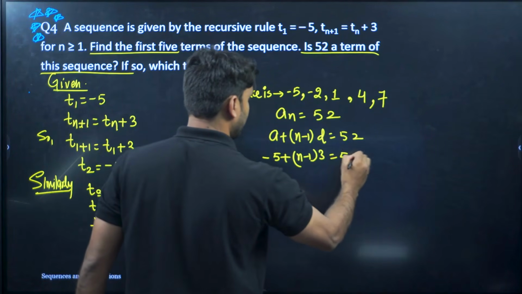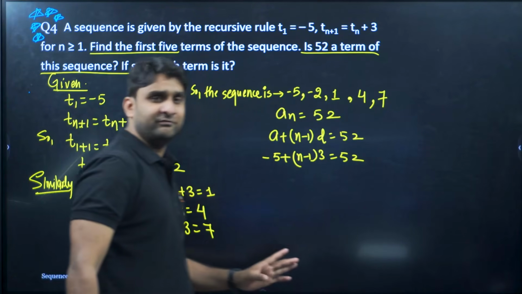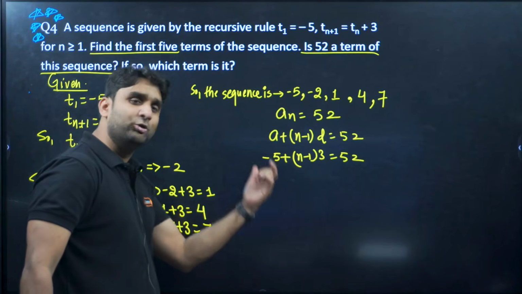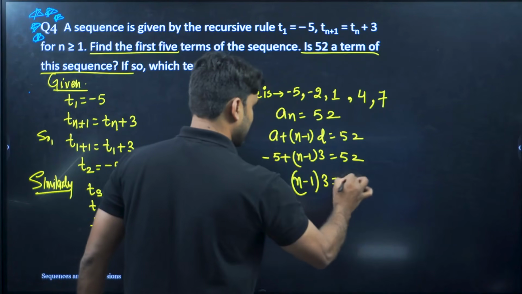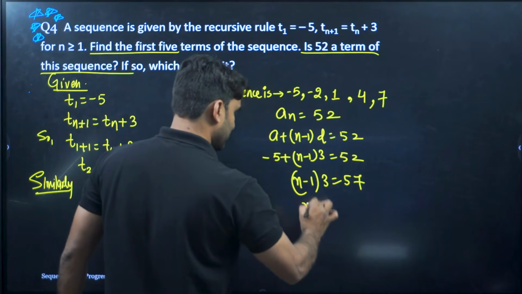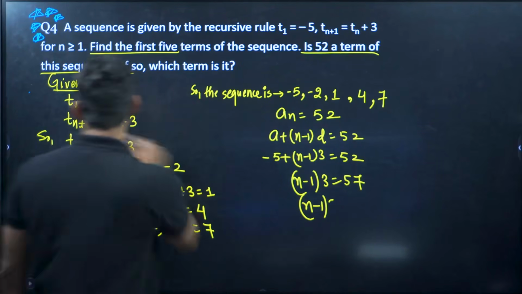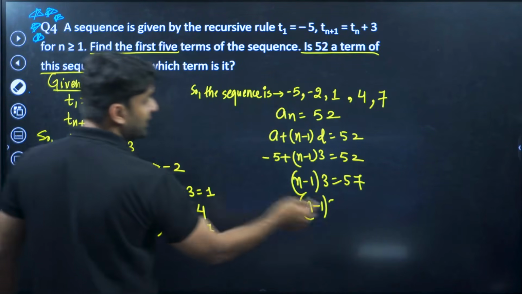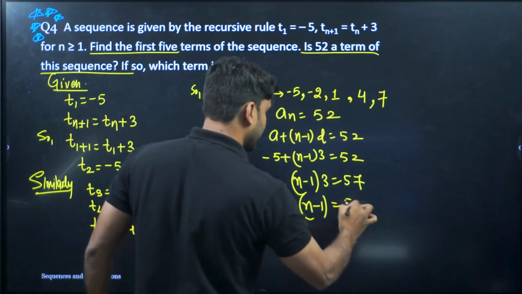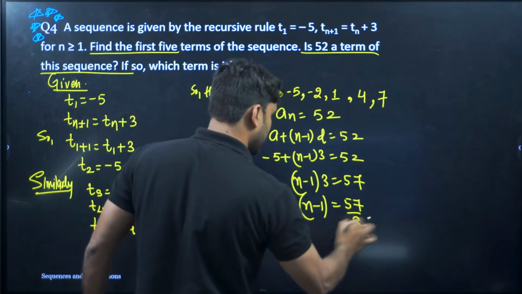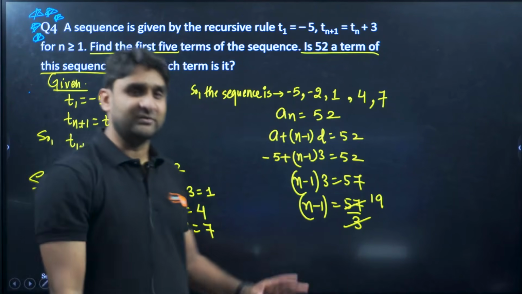is equal to 52. My dear, minus 5 is negative, so that side 5 will become positive, so 52 plus 5 will be 57. So n minus 1 into this will be 57. So n minus 1, now this 3 is in multiplication, so 3 will go that side in divide, so 57 divided by 3, and it can cancel by 19 times. 19 3 is 57.